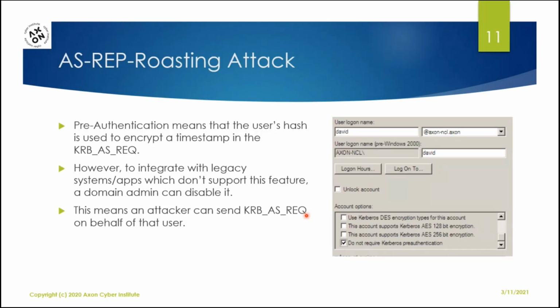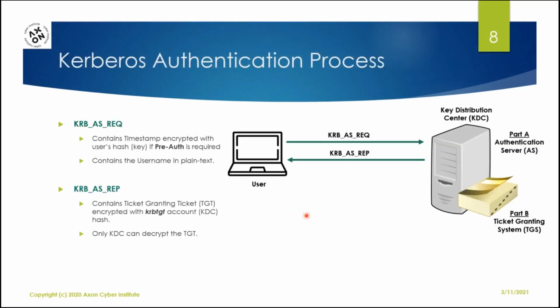If we look at this process, the authentication process, number one, if we revisit the first pair, I talked about the first packet. Let me go back here. In this first packet, there is a timestamp that is encrypted with the user hash. Okay. Now, this is called pre-authentication.